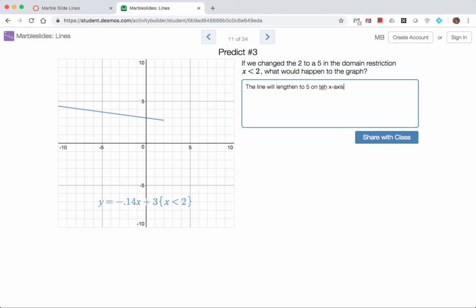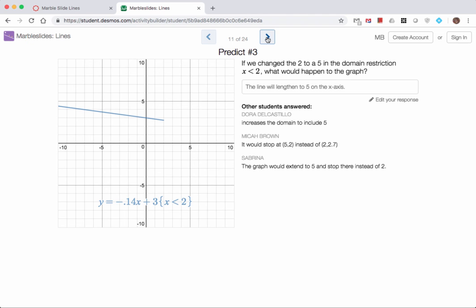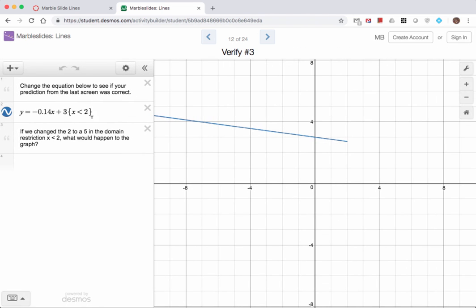Okay, now of course these solutions are not unique. There's many ways you can say what I'm saying. If you wrote it differently, but still had the essence of what happened to the graph, then you're good to go. Okay. All right, so let's go ahead and do that. Let's throw the 5 in here. Sure enough, it stretched the line over to a 5, okay?